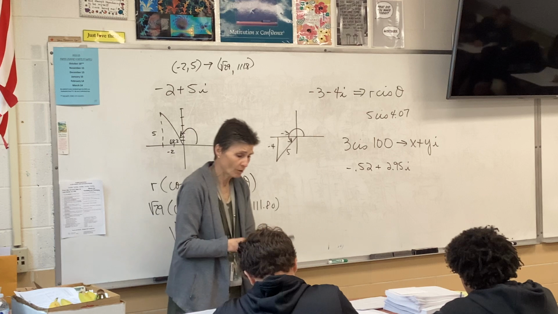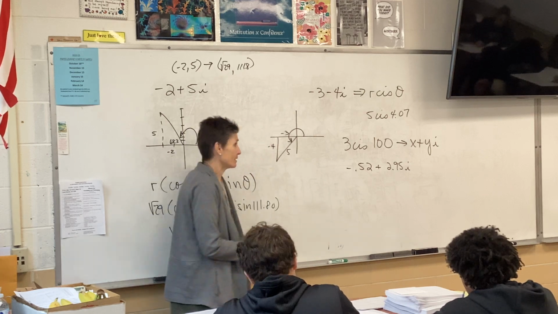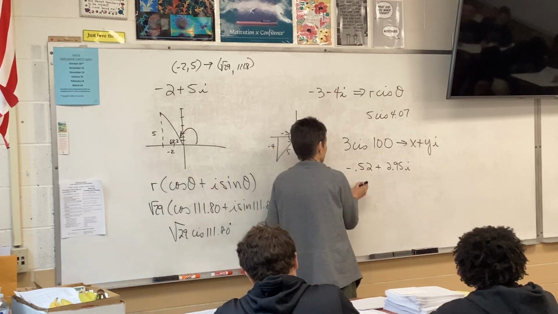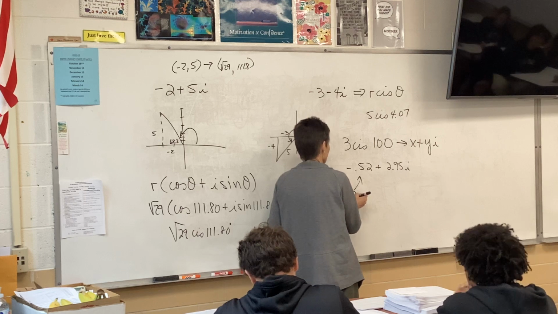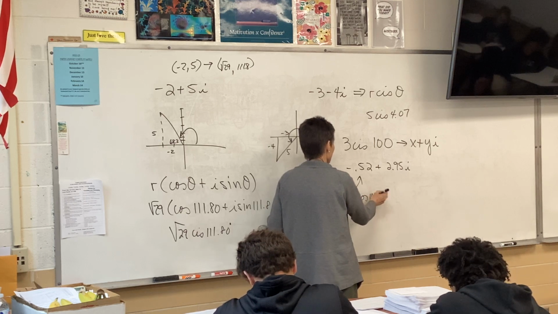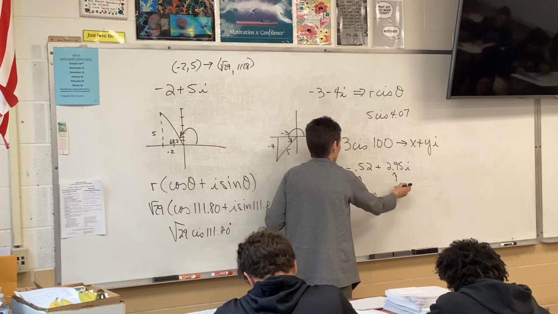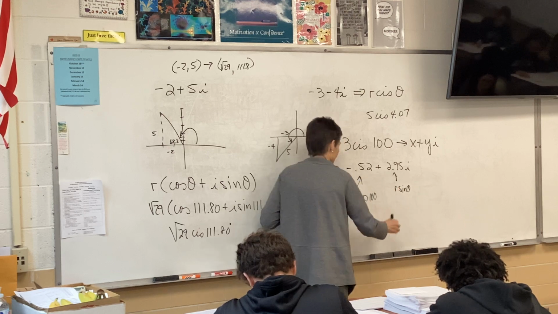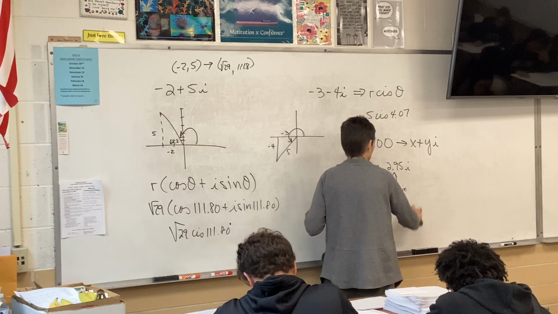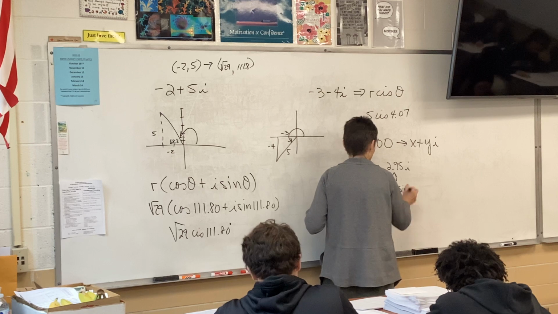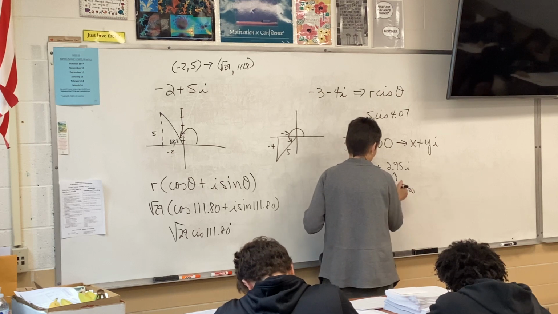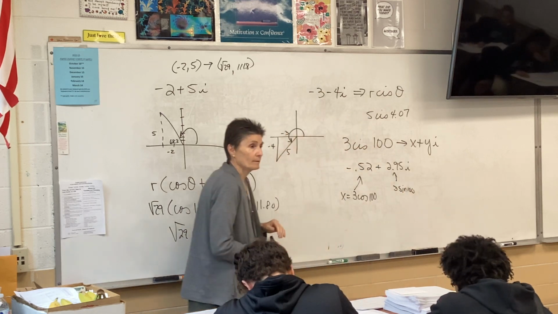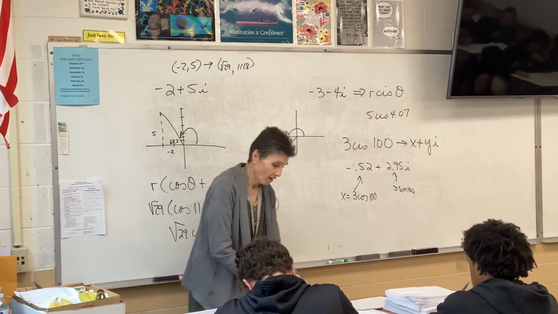There's the number. That's all there is to it. X is always R cosine theta, and y is always R sine theta. Okay, super simple.